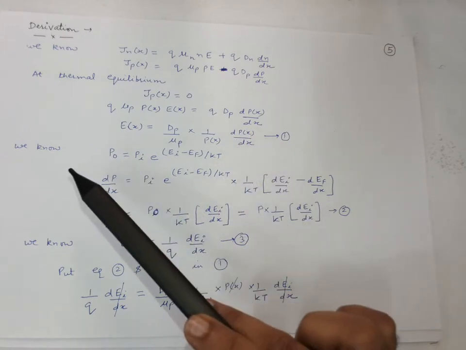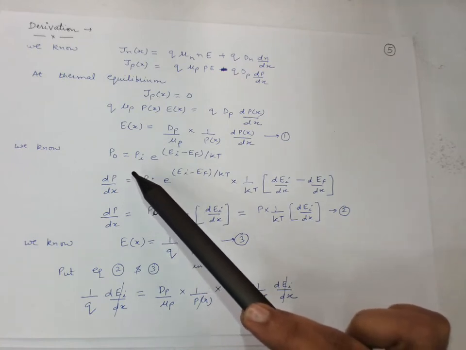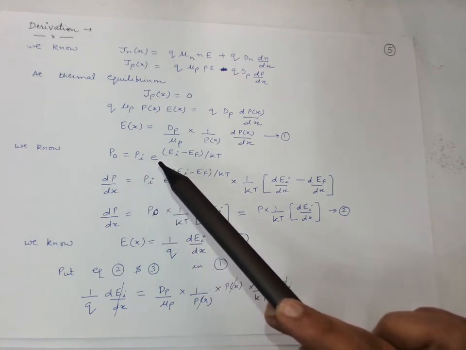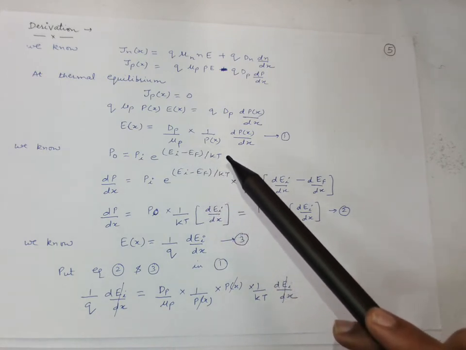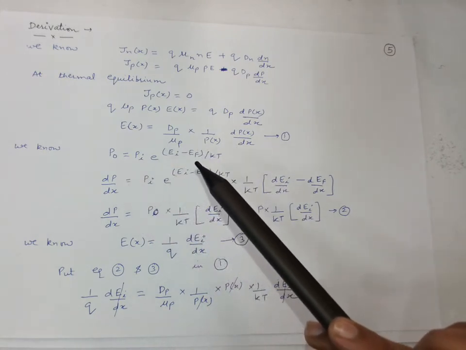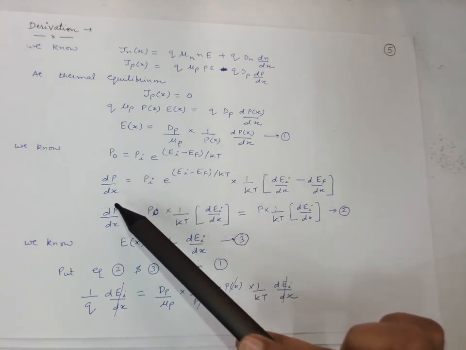Now we all know that the concentration of holes is given by the expression p equals ni e raised to the power Ei minus Ef upon kT. In my previous lecture on the Fermi level I have explained this expression. Now we differentiate this expression with respect to x.